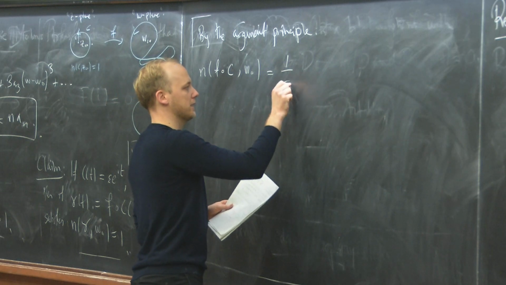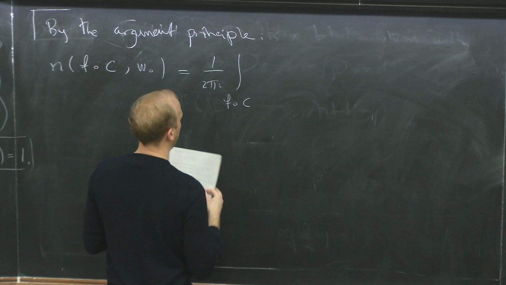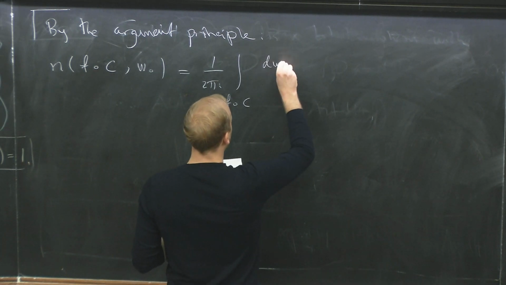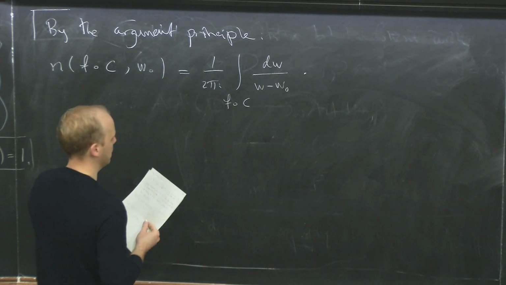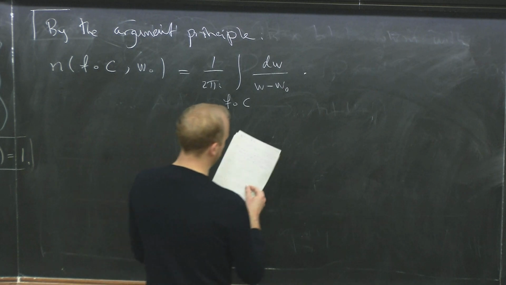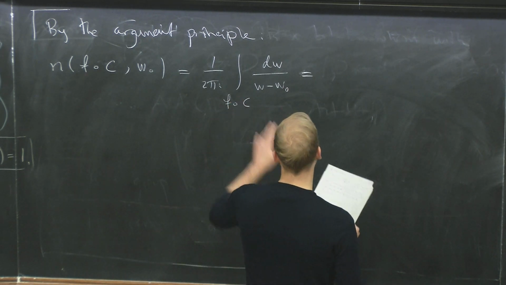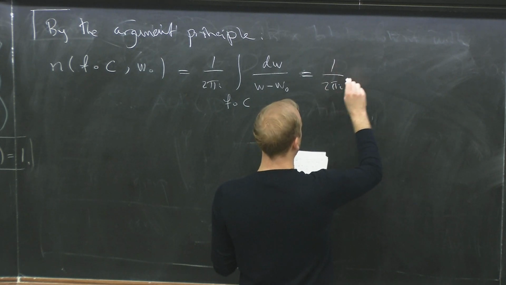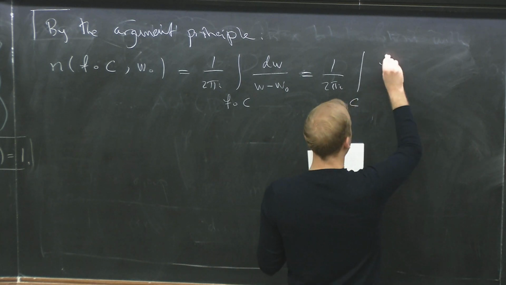So the definition of winding number was that it equaled this integral around this image curve, so around the complicated curve now. So we have the complicated curve, but a simple integrand, dw divided by w minus w0. On the other hand, as we saw in the first course on integration, this one equals the integral on C.